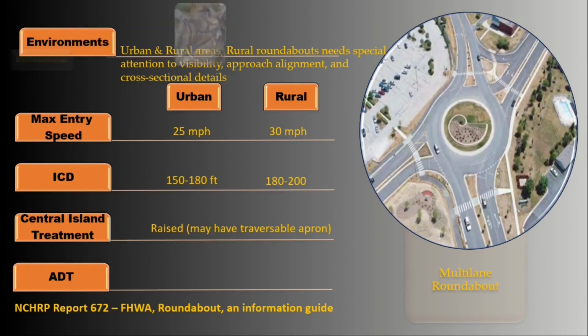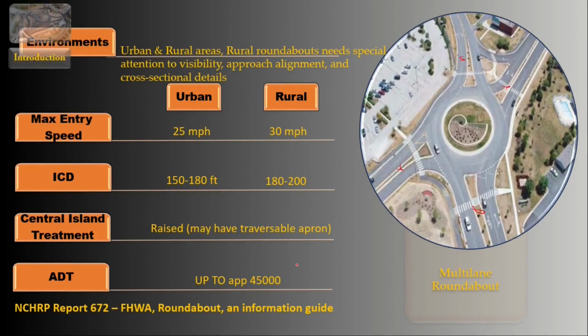And the average daily service volume on four legs, below which a multi-lane roundabout is expected to operate without needing more detailed analysis of capacity, is approximately up to 45,000 vehicles per day.